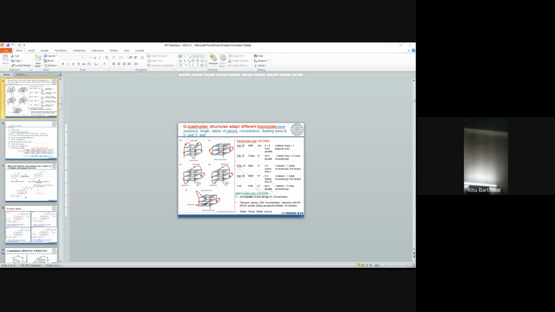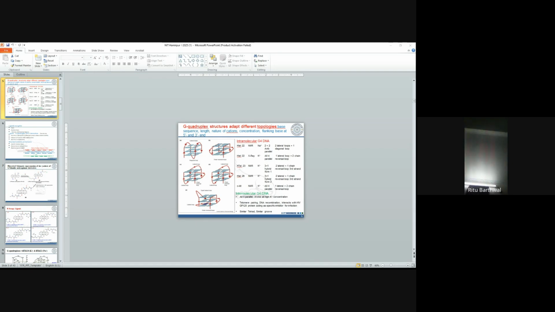Just to tell you, the very first structure was done with an anthraquinone analog, and they got 23 degrees centigrade stability, which is very high. In a cellular system, that is above your body temperature, which means it is going to be very, very stable. So the idea is to have good interaction and enhance thermal stability.